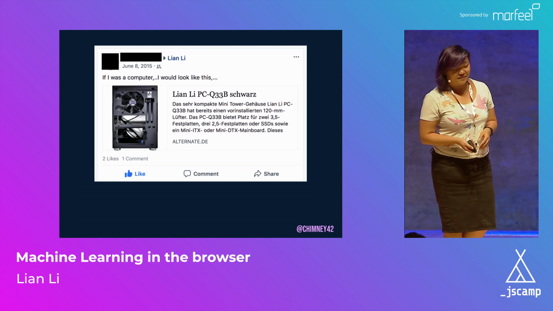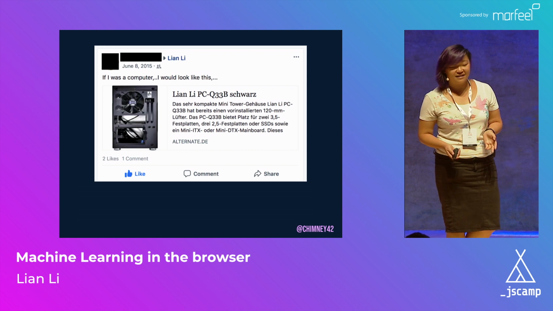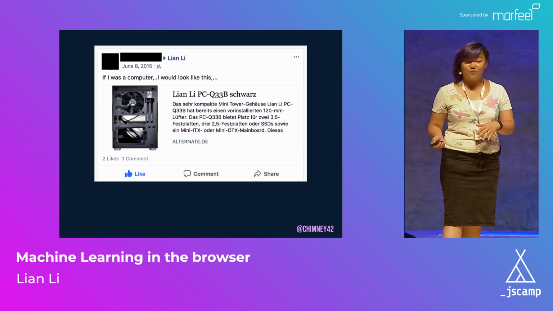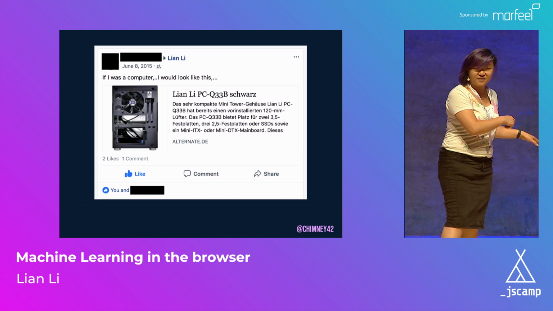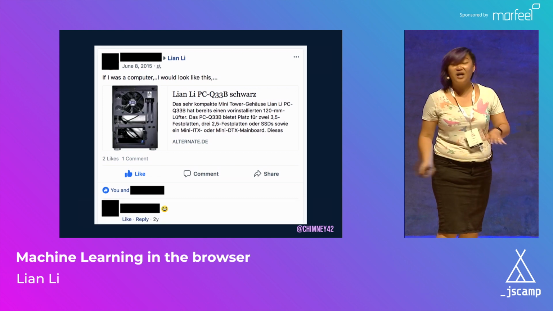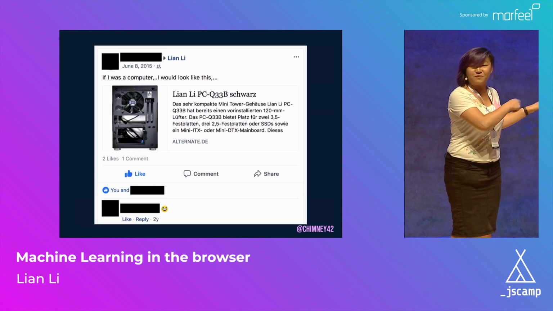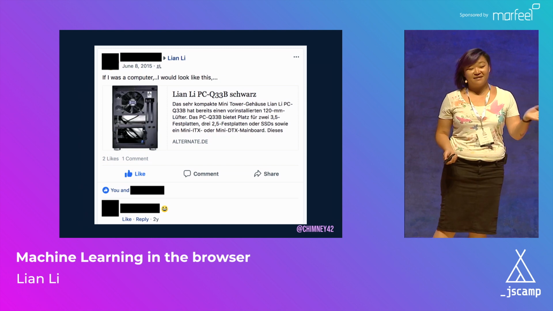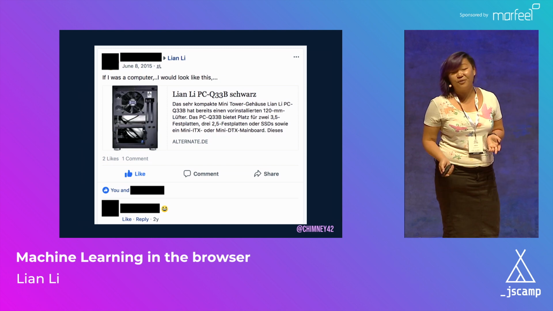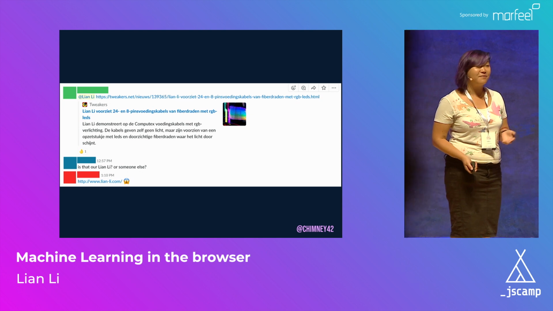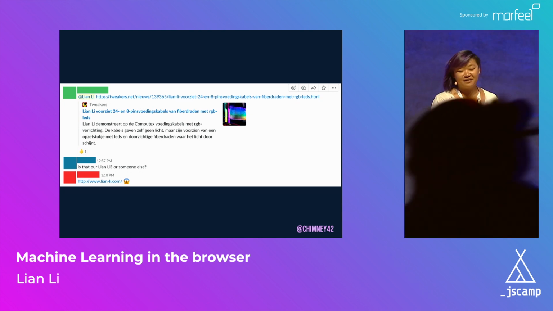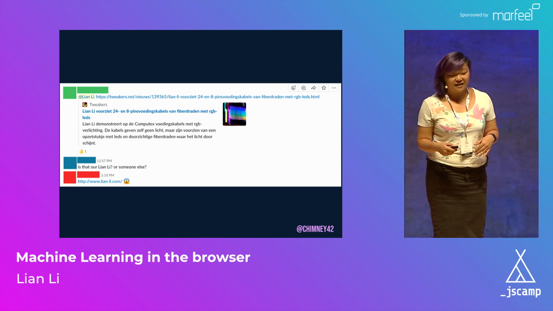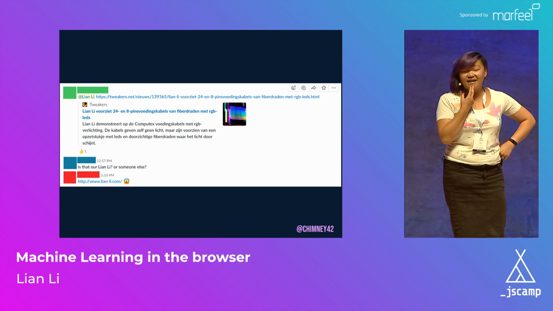And this particular friend of mine, he was so happy about it that after he posted this to my wall, he liked his own post and then commented on his own post with a smiley face. So yeah, people just get so excited about it. Or another instance where in my new company, people discovered this, posted it, mentioned me, and then they're like, is that our Lian Li?